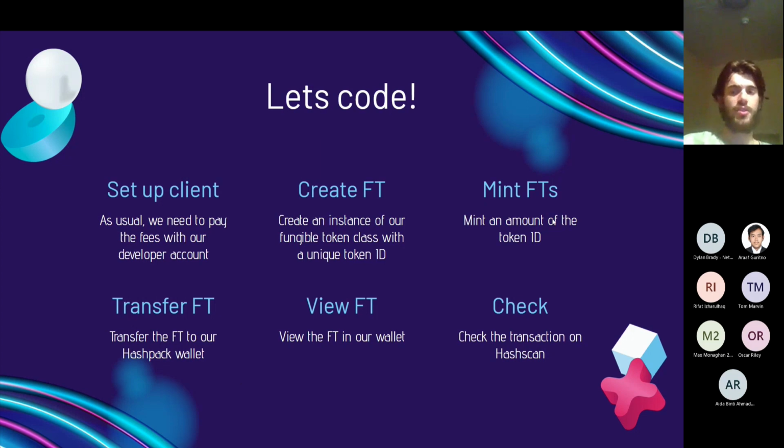One thing that I didn't mention on here, I did on the first slide, is we need to associate our wallet with the token. Again, Hedera Hashgraph offers this functionality where you must associate yourself to a particular token, just so that it prevents you from getting junk tokens in your wallet. I think it's a good feature.